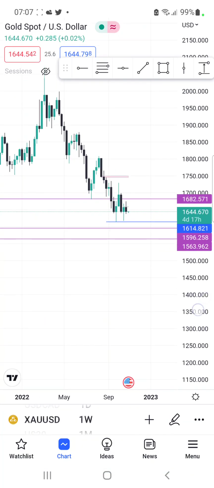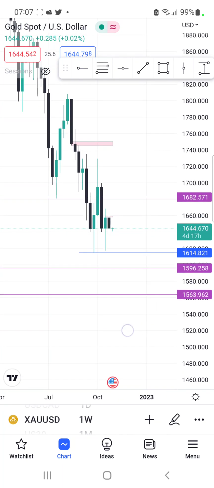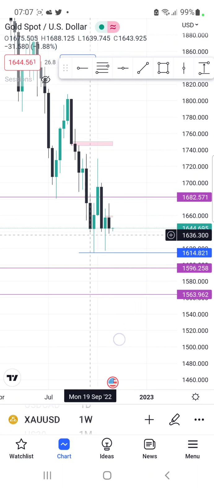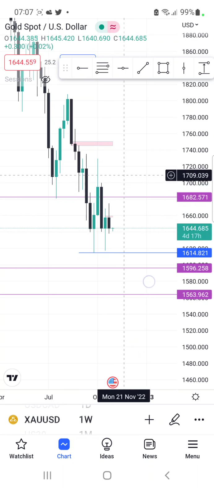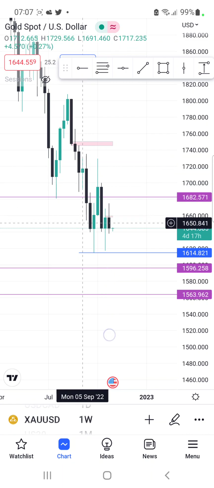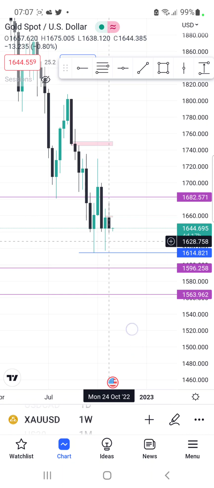Come to weekly. Last week I figured price would reverse at this zone and complete a double bottom here, so that it pushes all the way up. But you see, it made the first swing low, then the second one.